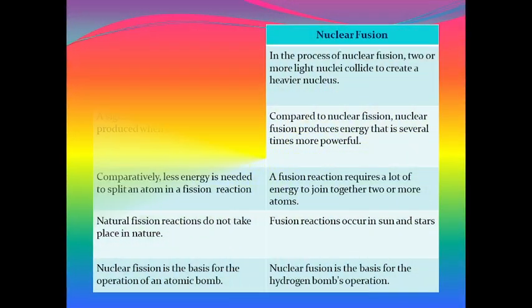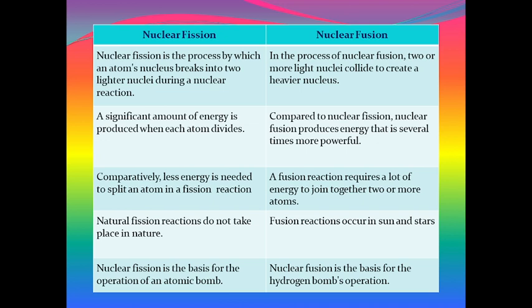In this table we can clearly observe the difference between nuclear fission and fusion. Nuclear fission is the process by which an atom's nucleus breaks into two lighter nuclei during a nuclear reaction. In nuclear fusion, two or more lighter nuclei collide to create a heavier nucleus.